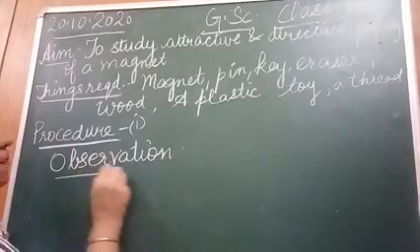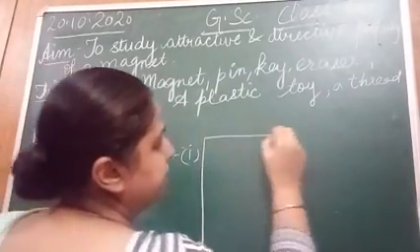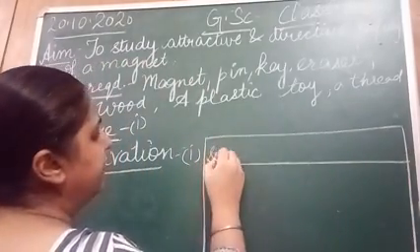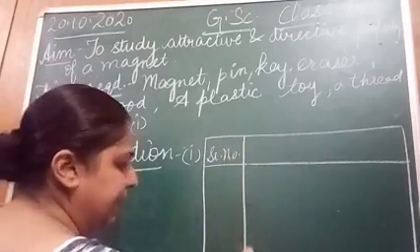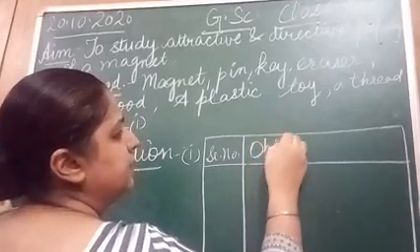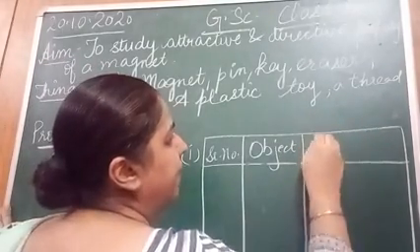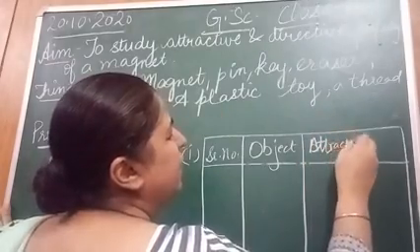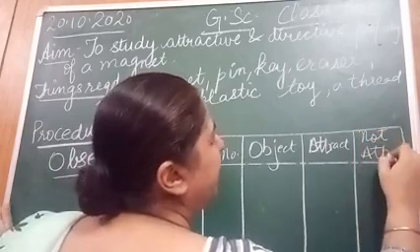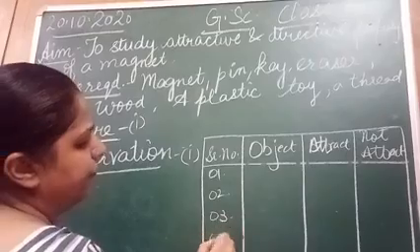Similarly, for the observation of the first, what you have to do? Draw a table. Here you will write the serial number accordingly. Then material, object. Then next, yes or no, or you can write attracted, not attracted, right? 1, 2, 3, 4.